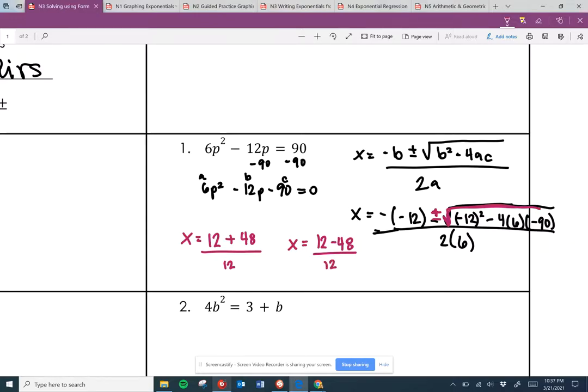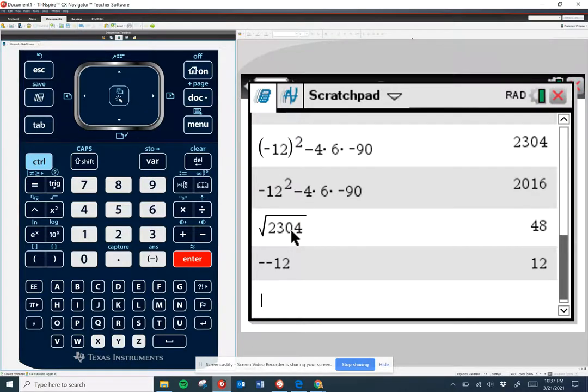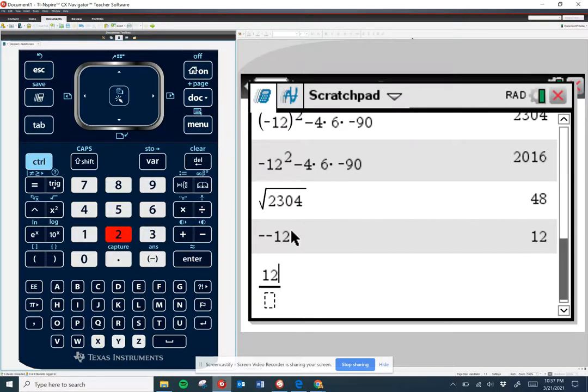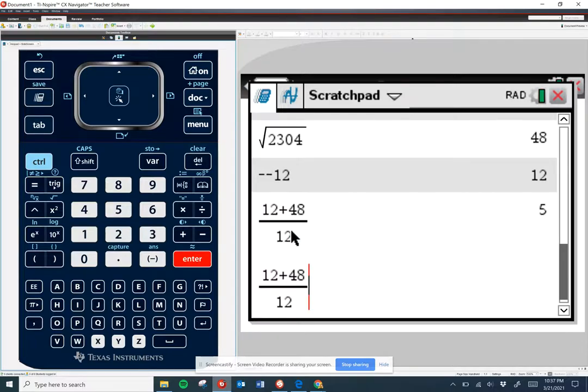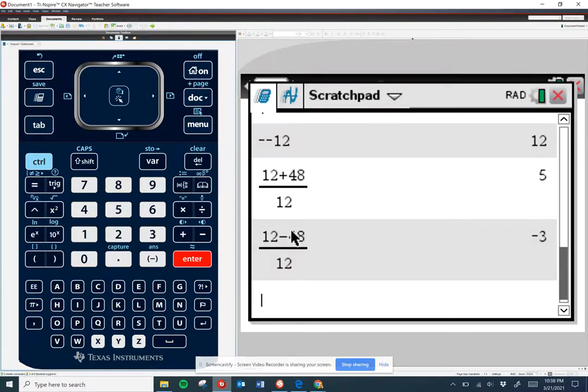So we're going to do both of those in our calculator. We have 12, we have to do control divide. 12 plus 48 divided by 12 is going to give us 5. Remember, you can arrow up and highlight the problem in blue, press enter, and then all you have to do is change that to a minus sign, and that will give you your second answer, which is -3.